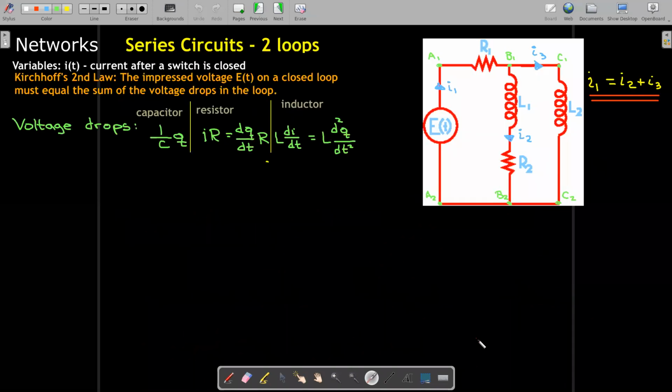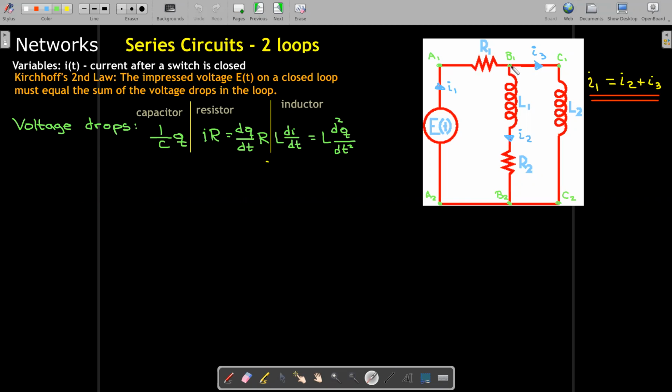But what if we had more than one loop? Suppose we have 2 loops here. First of all, let's observe that if we have more than one loop, then we're going to have branch points. If we have a certain amount of current, we'll call it I sub 1, going towards node A1, and then it goes towards node B1.